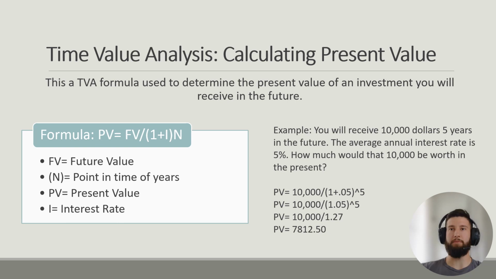I know it's kind of a weird concept to grasp, but due to the inflation of money, we will find out using the formula here at the bottom that $7,812 is going to be worth $10,000 in the future. And this is just an example, it's not accurate, I should say. But it's interesting to see how this formula can give you an idea of how worthwhile the investment is, or how opportunity arises, if you should wait or should you pull the trigger and use the money in a better spot.